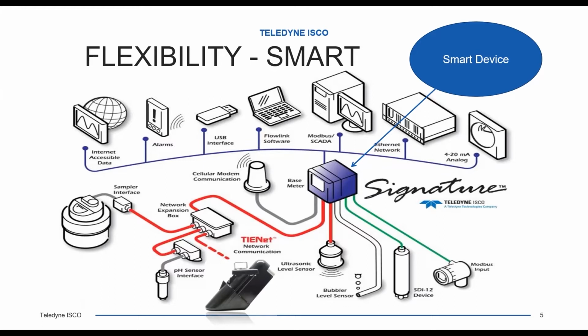So if you want to take it out to a SCADA system, you can do that. Ethernet is another popular option for an in-plant type of application, or the traditional, tried and true analog output, 4 to 20 output.